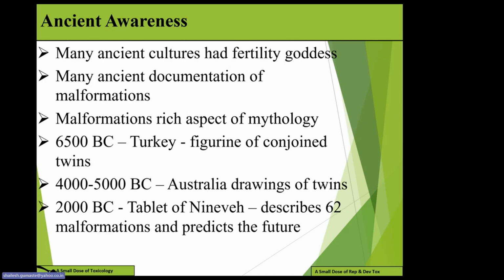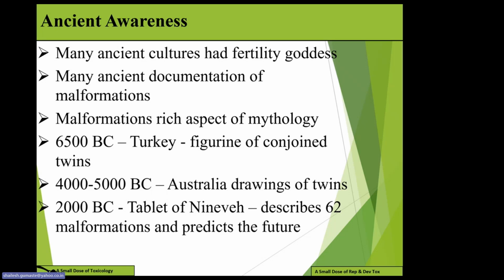This is the ancient awareness. Many ancient cultures had fertility goddesses. The teratology study of congenital abnormalities and birth defects has a rich history that spans centuries. Ancient civilizations such as the Egyptians, Greeks, and Romans noted congenital abnormalities and often attributed them to structural or divine forces.